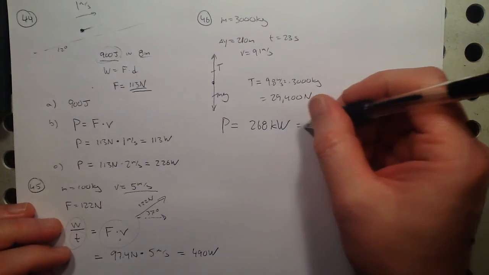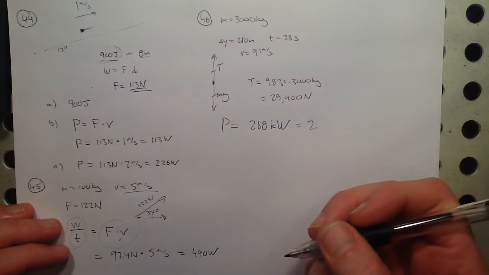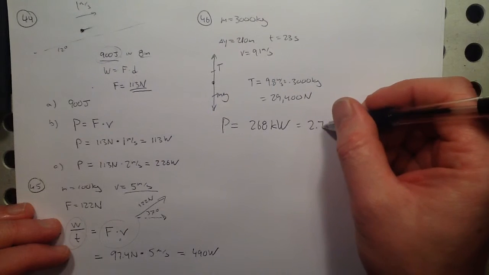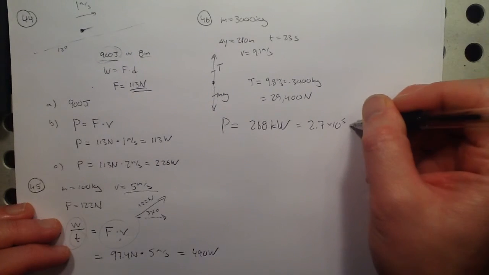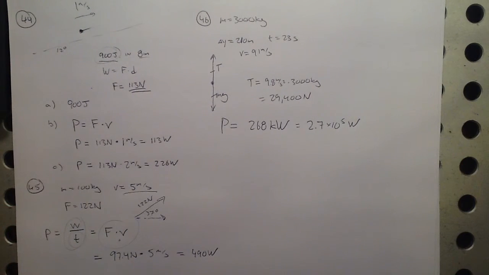And the book has that as, not that it matters to you because it's an even numbered problem, 2.7 times 10 to the 5th watts, same thing. So there you go.